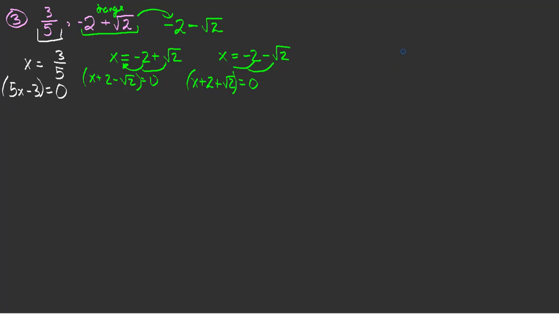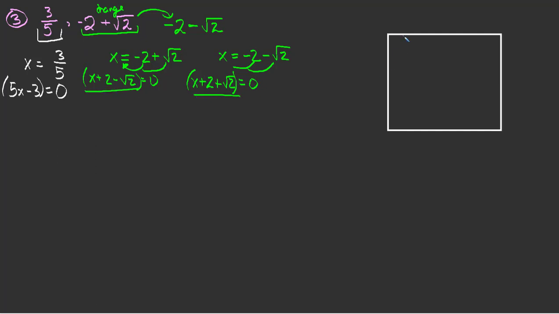And we're going to use the box. And so since we have 3 things there, what we're going to work with first is multiplying that green information. We're going to multiply both of these. So we have x, 2, and positive square root of 2, x, 2, and negative square root of 2.